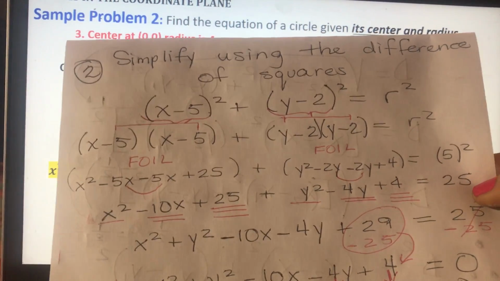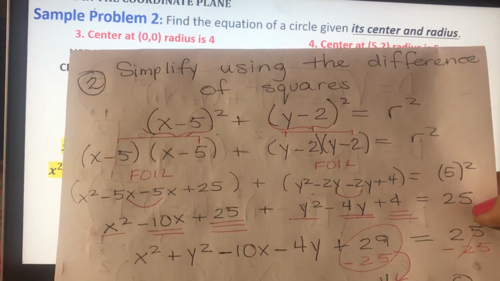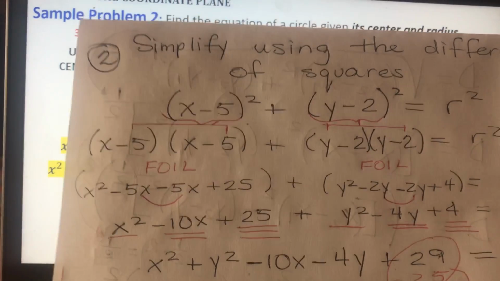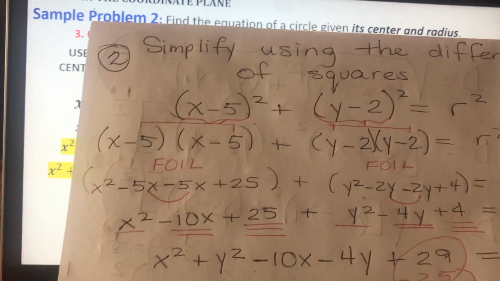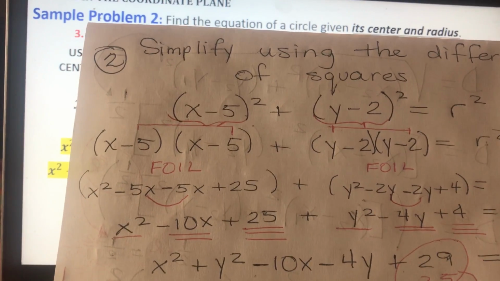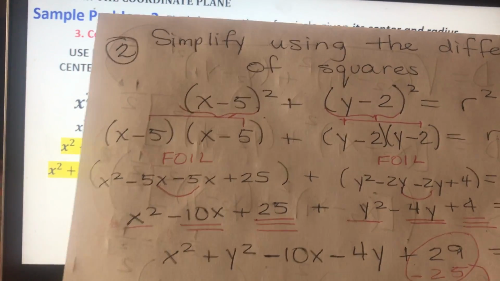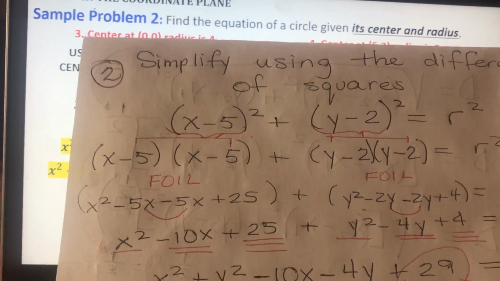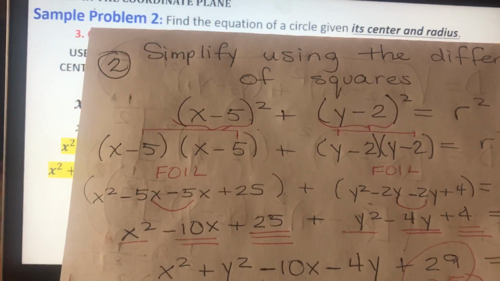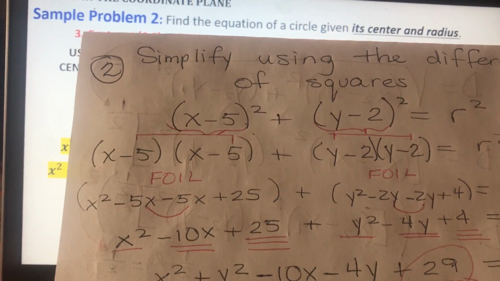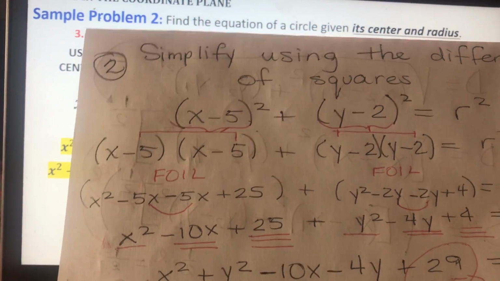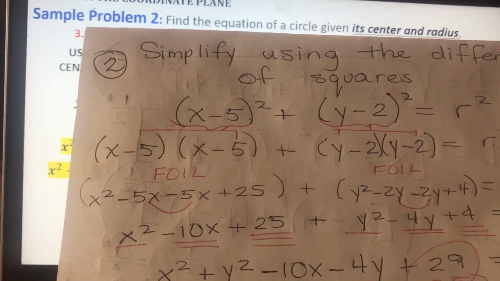So what happens when we multiply (x - 5)(x - 5)? There we use the FOIL method that we learned in algebra. We multiply our first terms, x times x, we get x². Then our outside terms, x times -5, which is -5x.